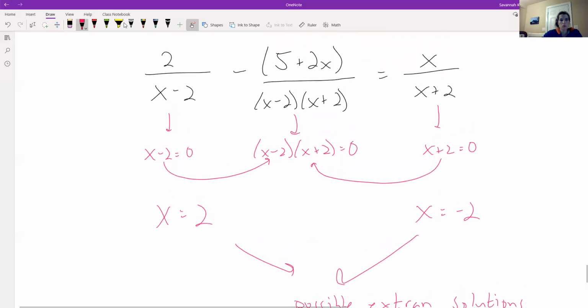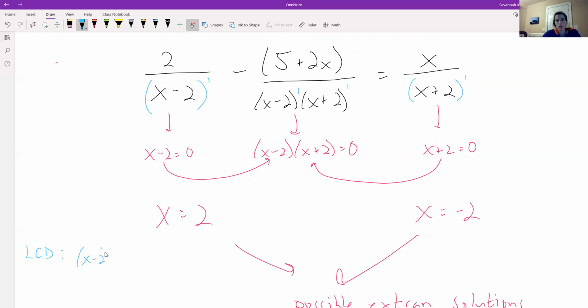Now, off the side here, to avoid rewriting that again, the LCD. Again, everybody's to the first power. The only way to cover x minus 2 to the first power, x plus 2 to the first power, and x minus 2, x plus 2, is really to use that middle denominator as my LCD.